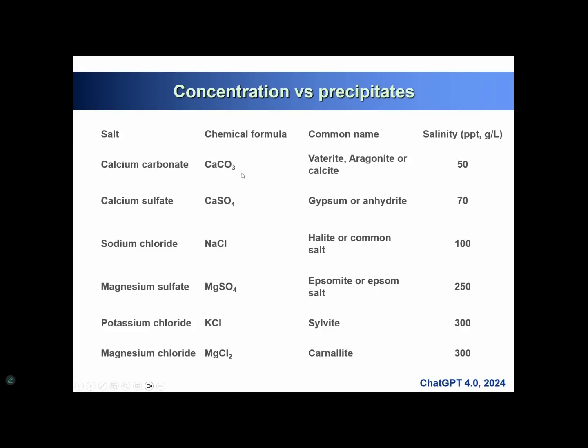So calcium carbonate, calcium sulfate, and sodium chloride at 100 grams per liter, magnesium sulfate, calcium chloride, magnesium chloride. In terms of your salinity concentration, you can produce them automatically. So easily you can have a precipitate with different concentrations of calcium carbonate and calcium sulfate.